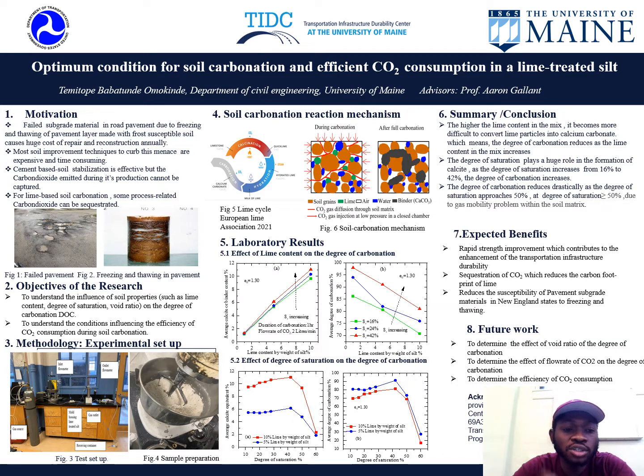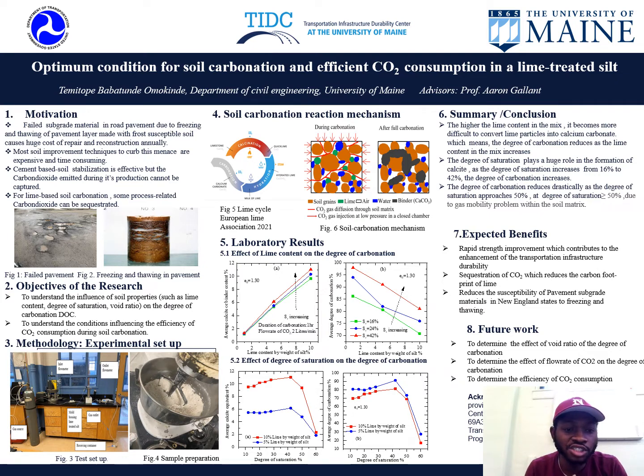Actually, the production of cement emits two kinds of CO2: the process-related CO2 and the combustion-related CO2. The process-related is the CO2 gas emitted during the calcination of limestone in the production of lime, while the CO2 emitted from machinery and equipment are the combustion-related emissions.